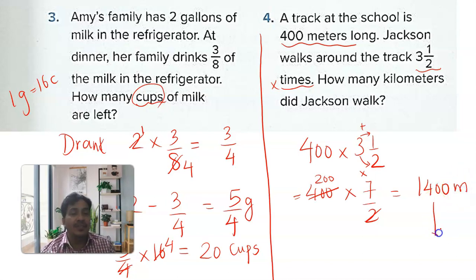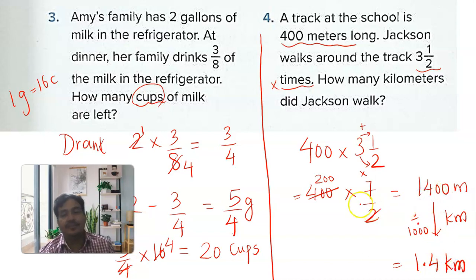And if you want to convert it to kilometers, you have to divide this by 1000. When you divide any number by 1000, you move the decimal point to the left 3 times. So the answer for this one is 1.4 kilometers. Is that okay? Cool.